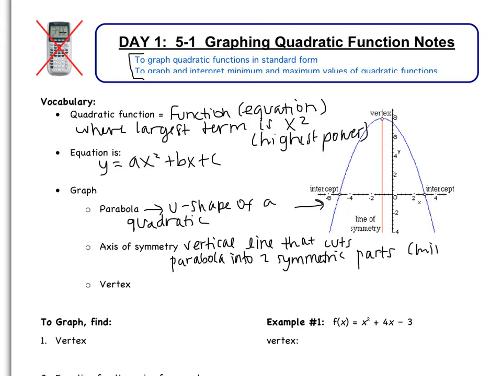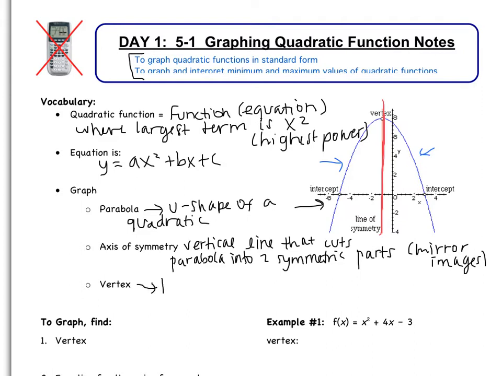Those parts are mirror images of each other. So if you'll notice, here's where the axis of symmetry is. And then that gives us this half and this half. They're exactly the same, they're just mirror images. So one's backwards of the other.